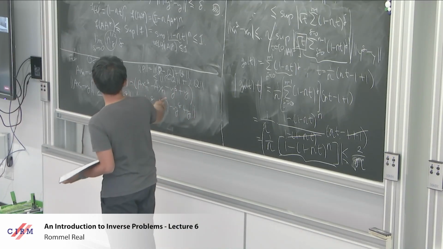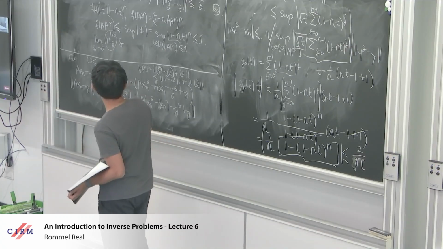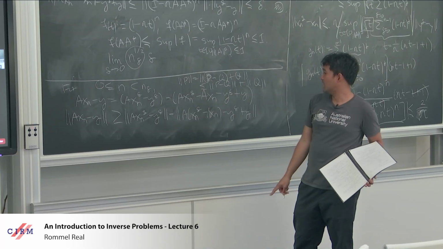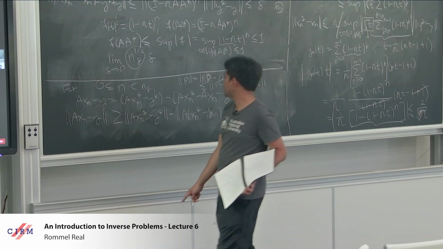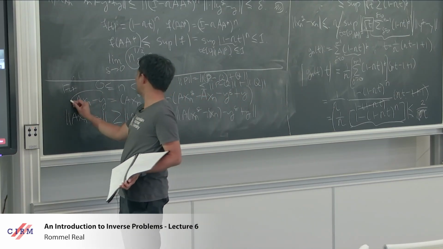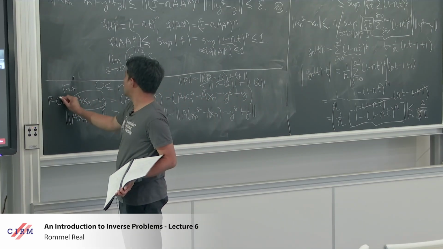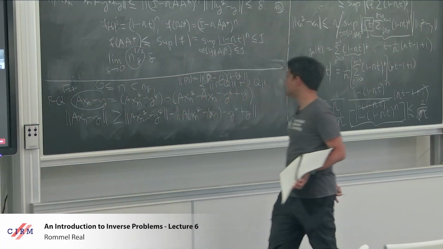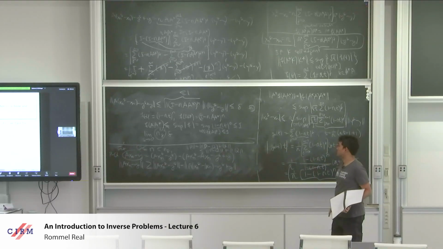So P minus Q is actually this one over here. So that's P minus Q. Okay, so that's P and Q. Okay, so I hope that's clear.